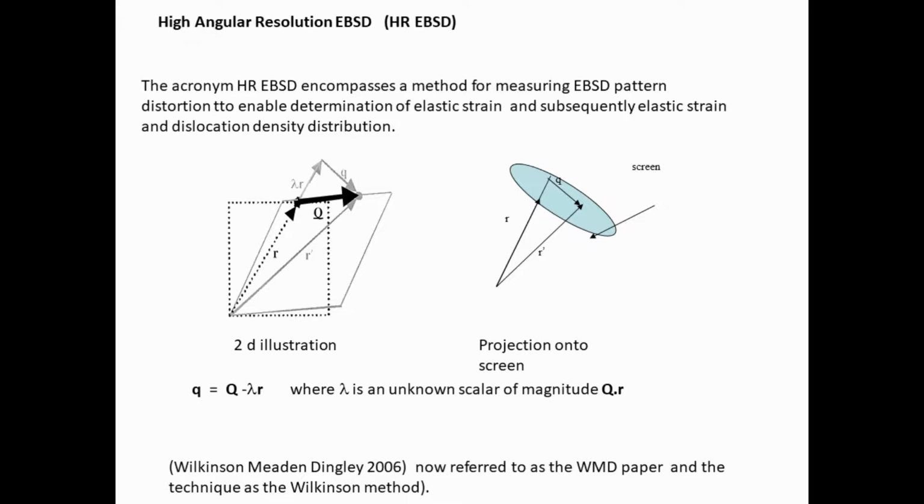And the relationship between lowercase q and the sample deformation vector Q is this equation here, where lambda is an unknown scalar. This method was published in 2006, just 11 years ago. The paper itself is often referred to as the WMD paper, and the method is known as the Wilkinson Method.